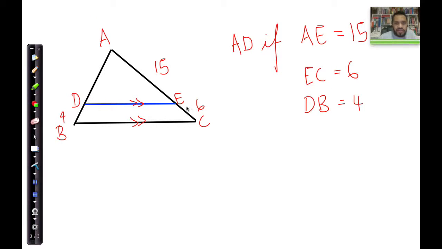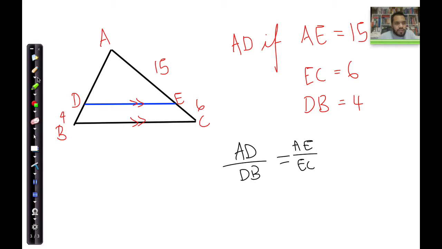Well, I've got three of those, and I can now use any two ratios that are true. So let's start. I'm going to say AD over DB, which is this length on this side divided by that length, it's a ratio, is equal to that length on that side. Remember that short piece, that's AE divided by EC.